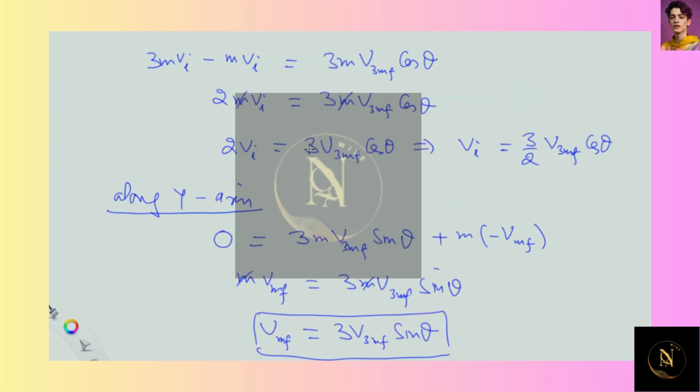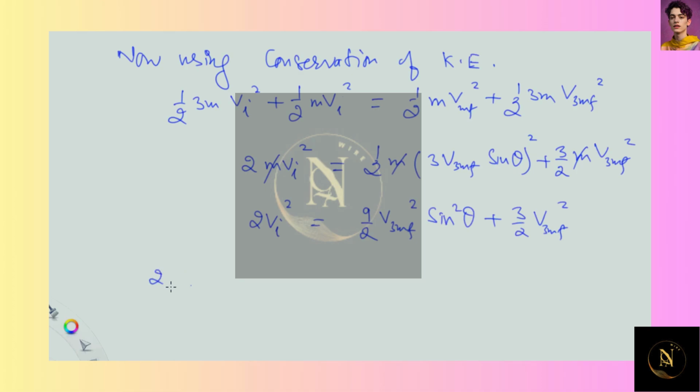Now from the expression vi is equal to 3 by 2 v3mf cos theta, we will put this value of vi here. So it becomes twice of the square of 3 by 2 v3mf cos theta, is equal to 9 by 2 v3mf square sine square theta plus 3 by 2 v3mf square.